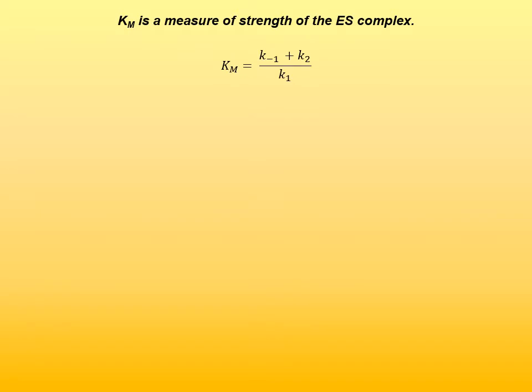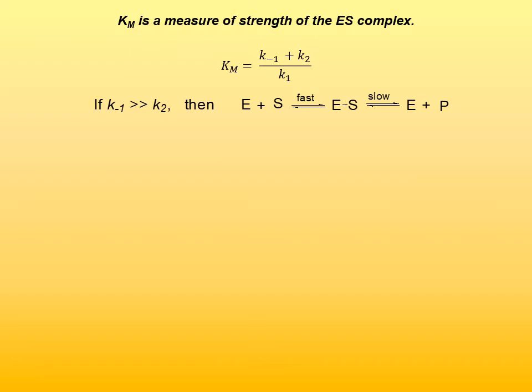Km is actually a combination of individual rate constants for individual steps of the enzyme-catalyzed reaction, and those individual steps are given here. The first step, enzyme plus substrate to form the enzyme-substrate complex, is usually the fast step.